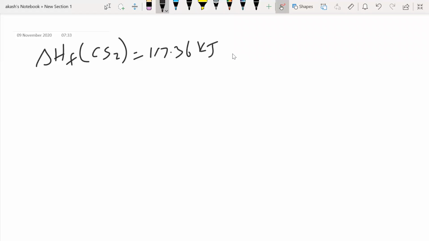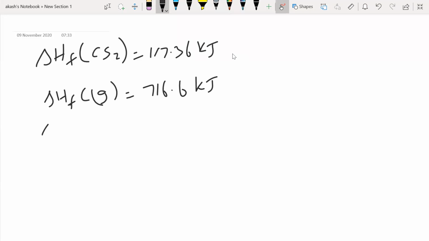And the enthalpy of formation of carbon atomic gas is also given, that is 716.6 kilojoules.